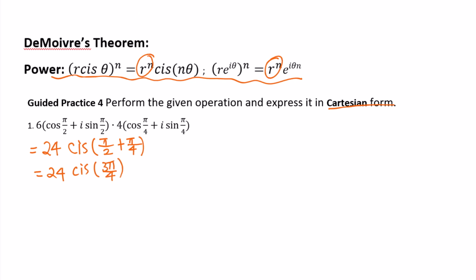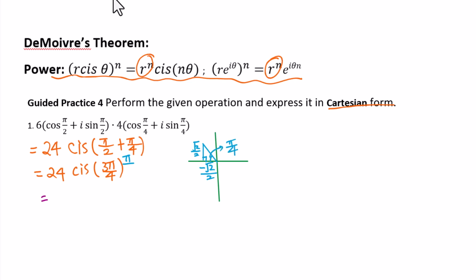Let's draw the Argand plane. 3 pi over 4 goes to the second quadrant. Reference angle is pi over 4, so it is in the middle. Let's label negative square root of 2 over 2, square root of 2 over 2. This reference angle is pi over 4.